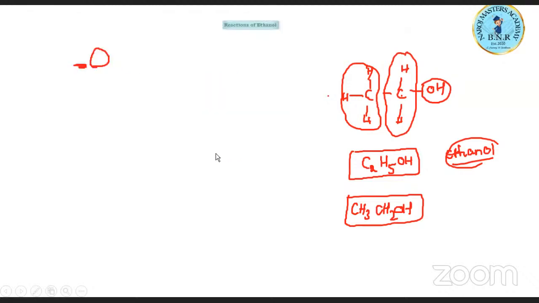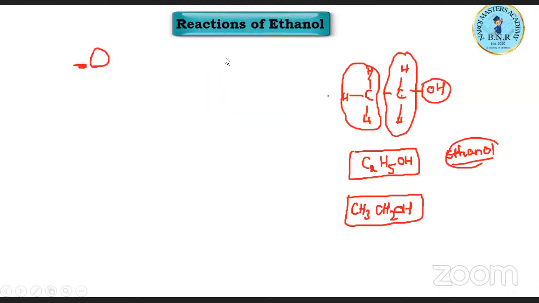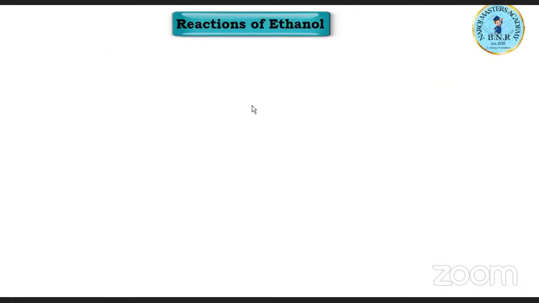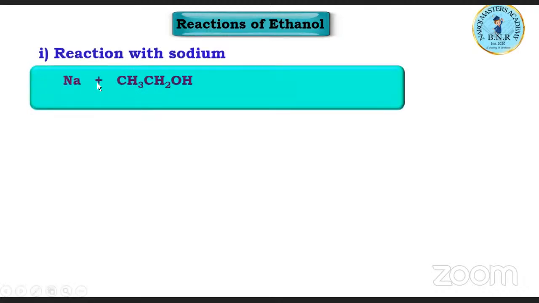Now look here. You know what ethanol is. What is the chemical formula of ethanol? C2H5OH. Very good. So, reaction with sodium. Whenever ethanol reacts with sodium, just look here: Na plus CH3CH2OH or C2H5OH.